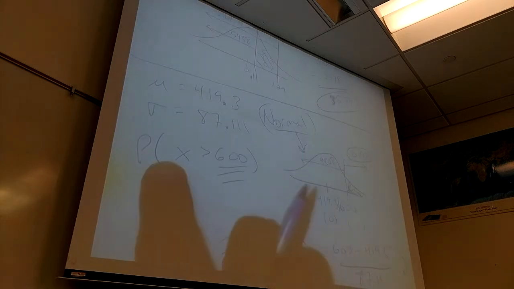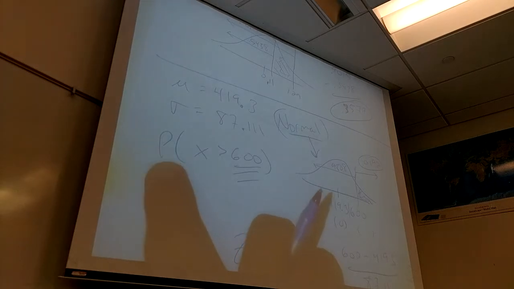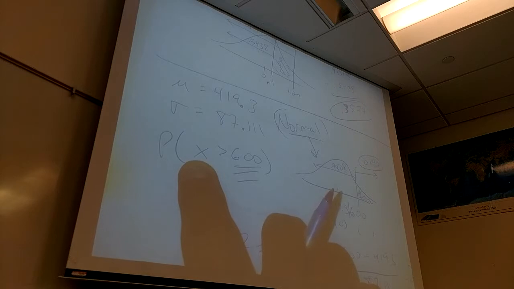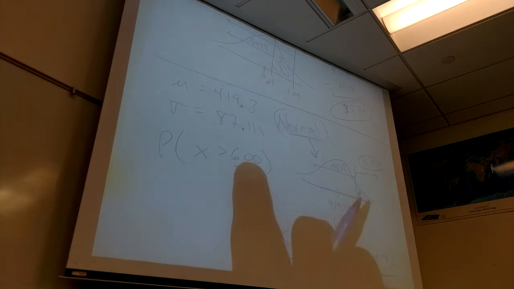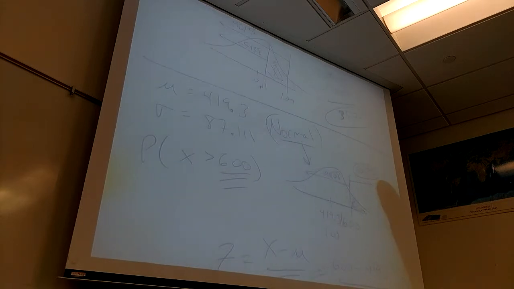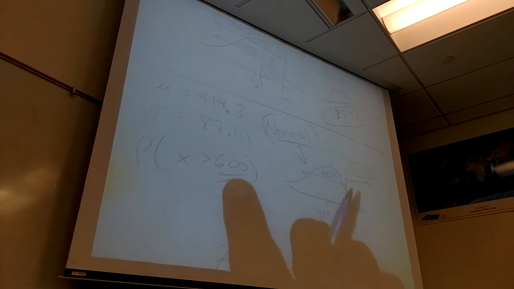Okay, what was I saying? So what does this mean? Well, what's this question mean? The probability that a test score is higher than 600, right? So one way to say it, very direct and very boring, is to say there's a 1.92% chance that a test score is higher than 600.